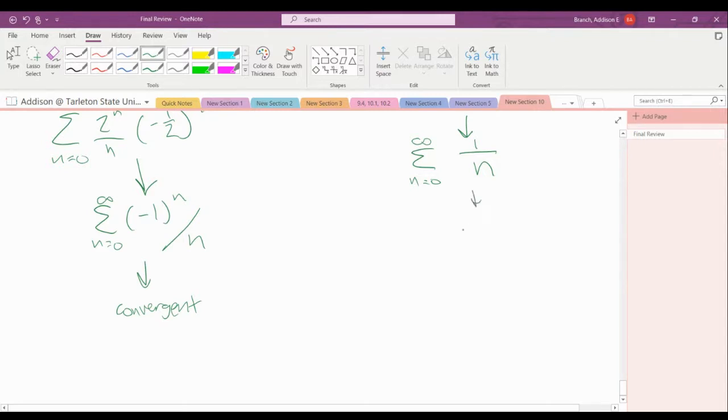So this one will diverge. Therefore, our interval of convergence would be a bracket at 15 over 8 to 17 over 8 with a parenthesis.